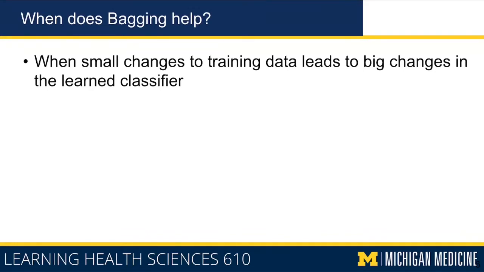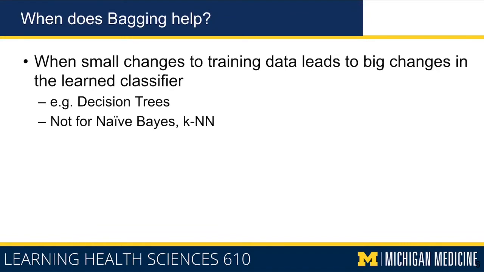So in classification algorithms where small changes to the training data lead to big changes in the learned classifier, this creates somewhat different classification models. Decision trees are a great example because they are very much reliant on the kind of examples that you see. And so small changes to the training data set can create significant changes in your learned model.